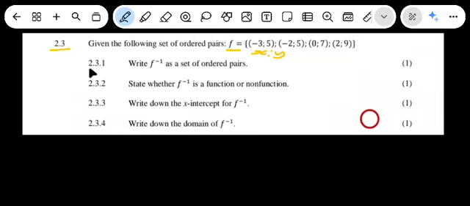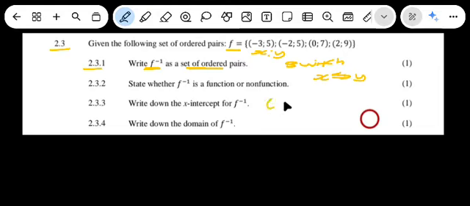Okay, they say 2.3.1, write f inverse as a set of ordered pairs. You want the inverse of this. Inverse means you just switch around. You are switching around the coordinates.